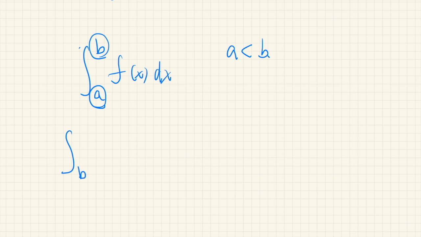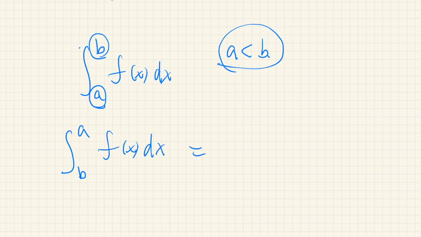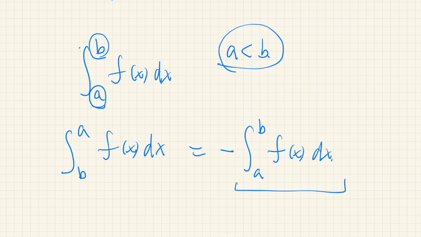The integral from b to a, where a is less than b, of f of x dx, is interpreted as the negative of the integral from a to b of f of x dx. So we can swap the upper bound and lower bound by putting the negative sign.